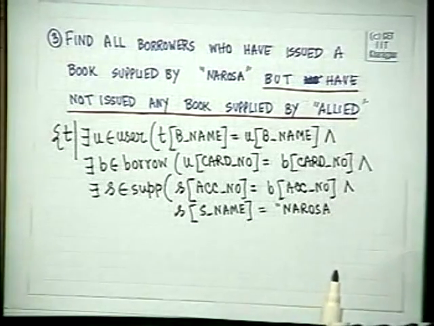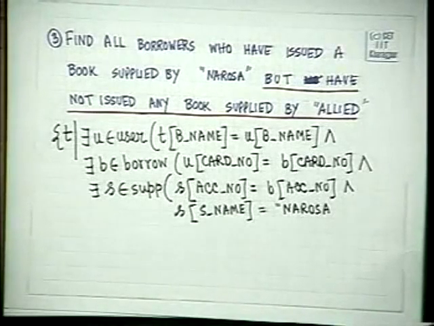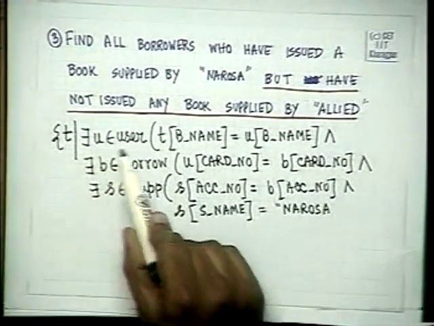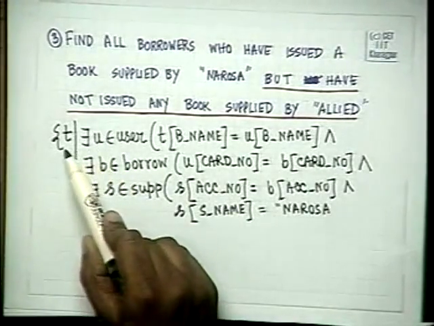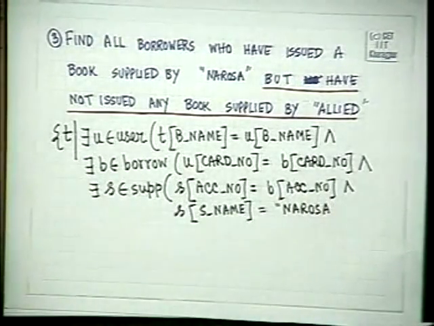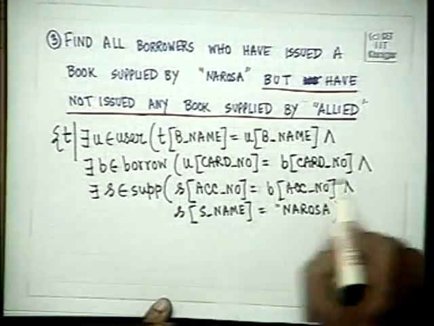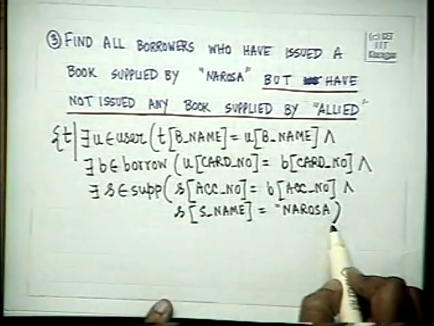This is the first part of the query. This must be true. This must be true. That is, take any tuple of T, this must be true. So this part ends this statement.